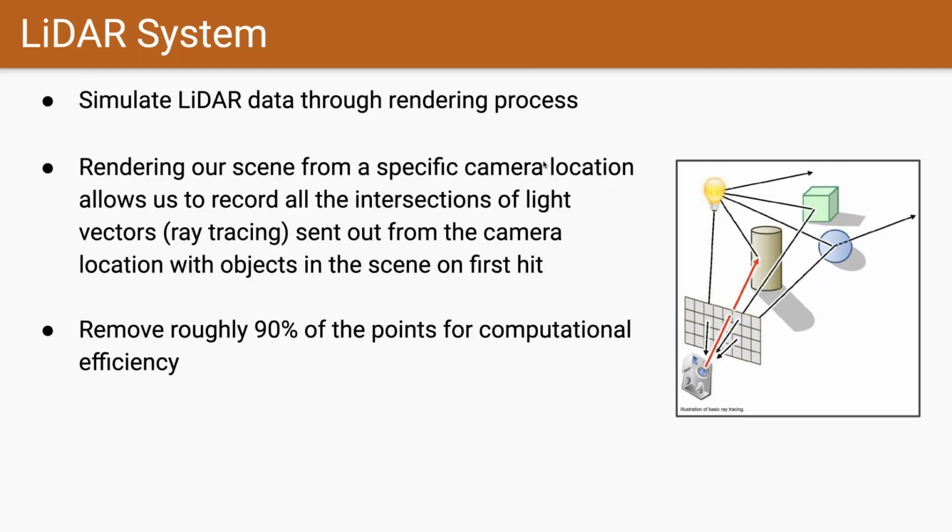The next part is the Lidar. We're going to simulate the Lidar to understand the depth of where our drone is and where it is recording from. This allows us to identify specific camera locations, to record all the intersection of lights and the interactions with other objects.